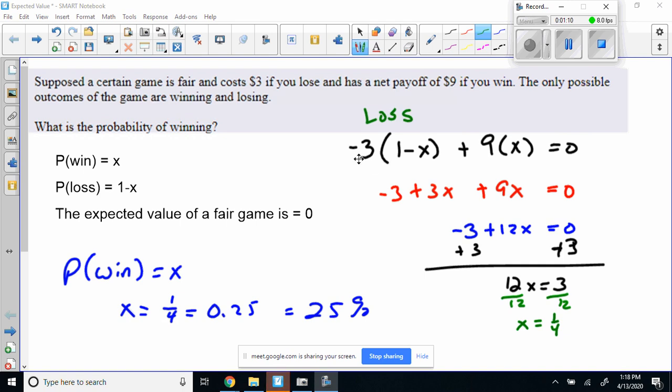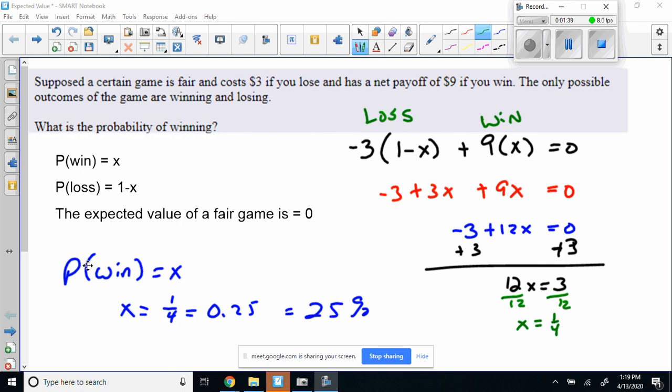Negative $3, the cost, times the probability, plus $9 if you win times the probability of winning, right? You set it equal to 0, distribute, you get negative 3 plus 3x plus 9x, and then you're solving that little equation. You get x equals 1/4.